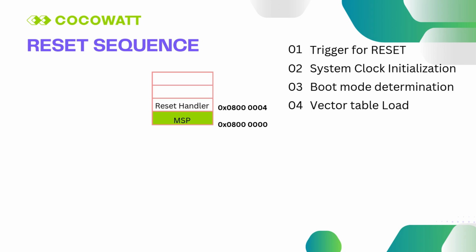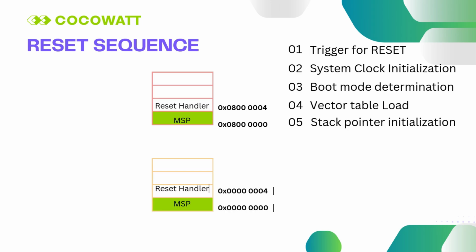Now stack pointer initialization is next step. We saw that 0x08000000 address contains main stack pointer value, and this region is mapped to 0th memory region by memory aliasing technique.